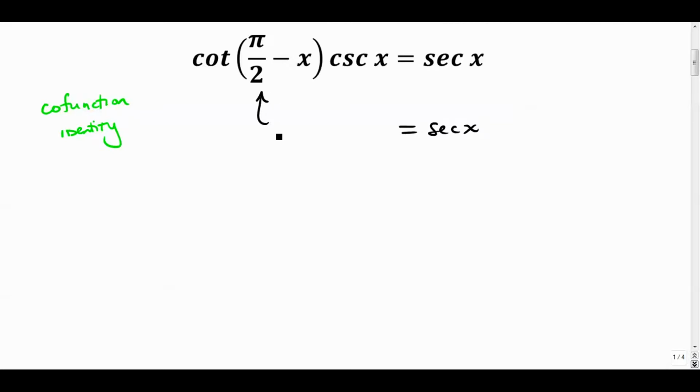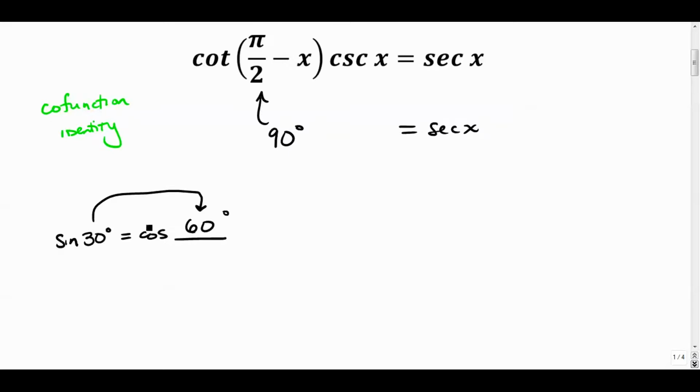When we talk about complementary angles, we're talking about angles that add up to 90 degrees. Well, the easiest example is to go back to the sine of 30 degrees is equal to the cosine of what? Well, that was, of course, 60 degrees, right?